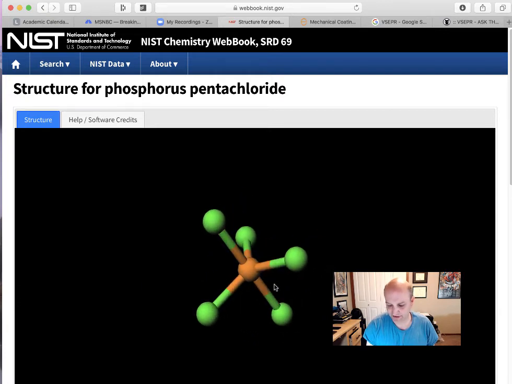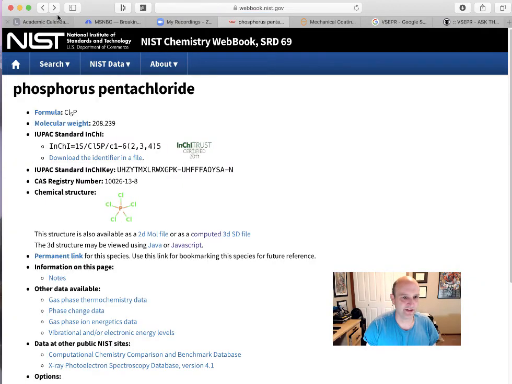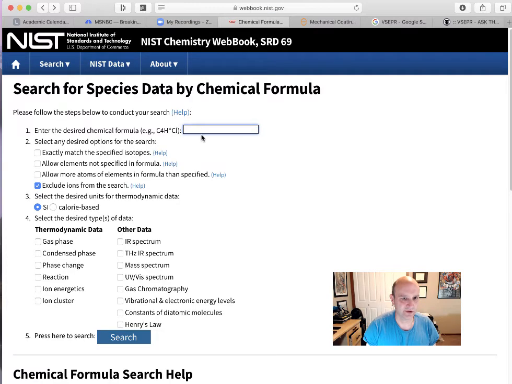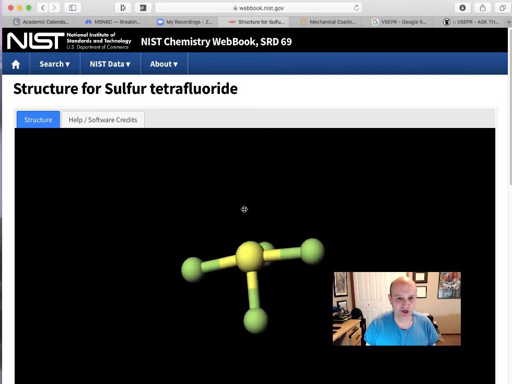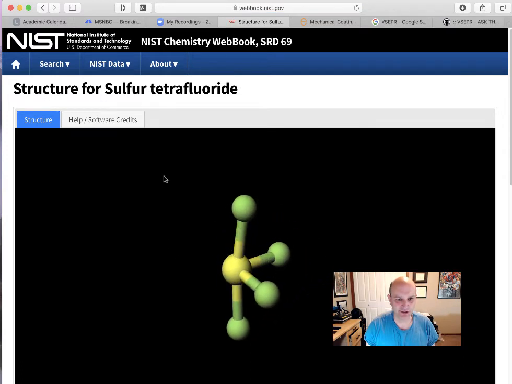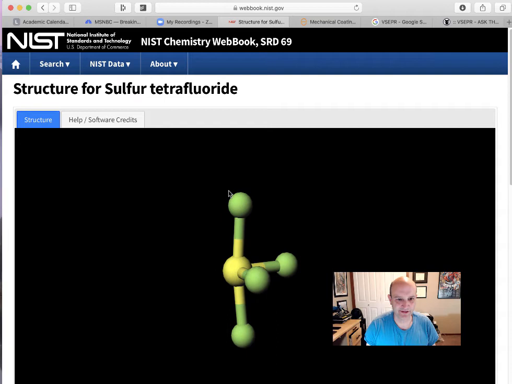But if we see something that would have been trigonal bipyramidal but it's missing one, I'm going to give you SF4 as an example. SF4, sulfur tetrafluoride, is just like that, except it's missing one. Can you tell which one it's missing? There's one that would have been sticking out right here, but it's a lone pair.